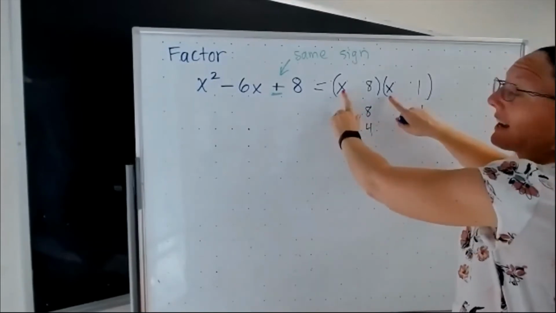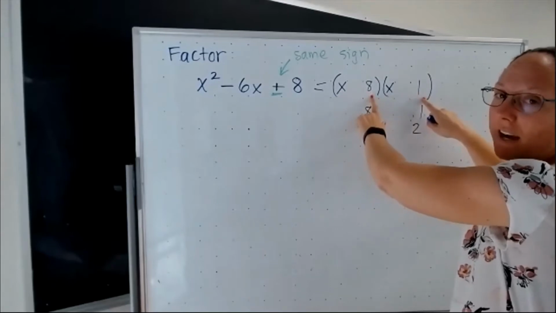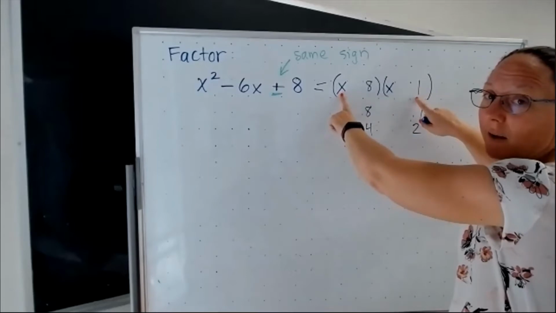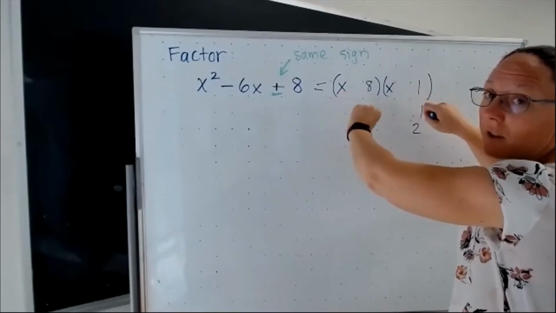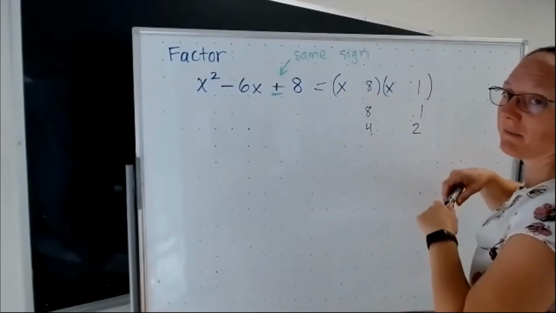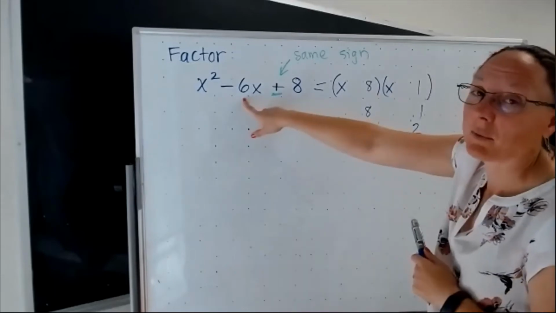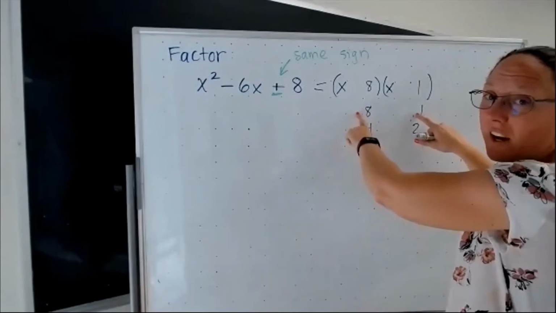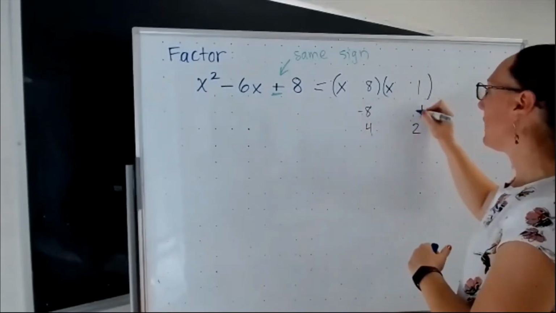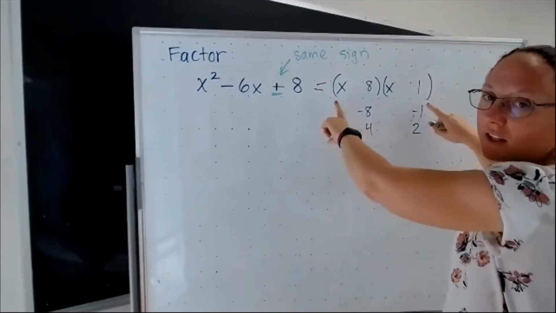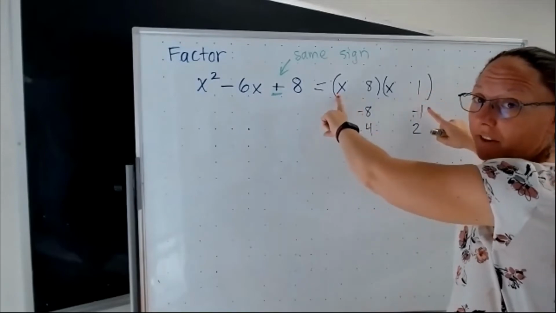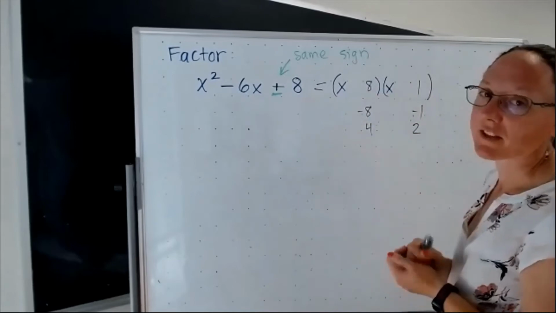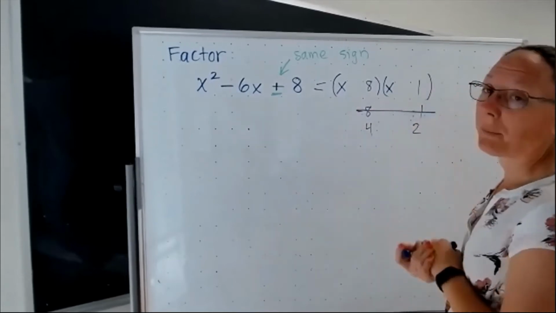I've already made sure that my x squared comes out and then my 8 comes out. But when I look at those middle terms, that would come from doing the x times 1 plus 8 times x. That is not going to give me a -6. Even if these were negative, so that I had -8 times -1, right? I'd have -x plus -8x. I'm not going to get that -6x. So that combination doesn't work.